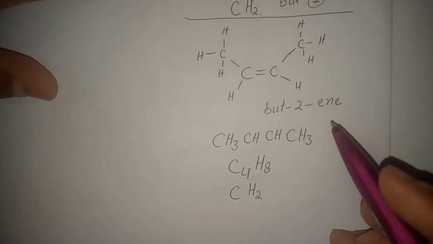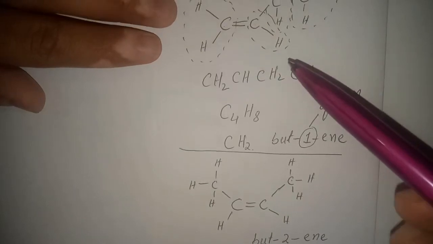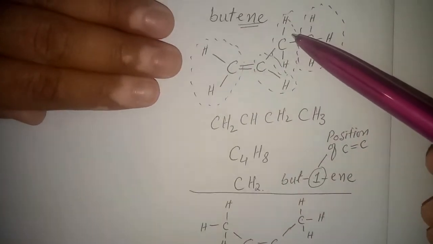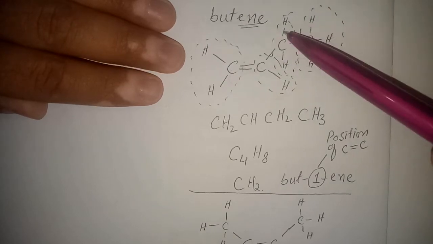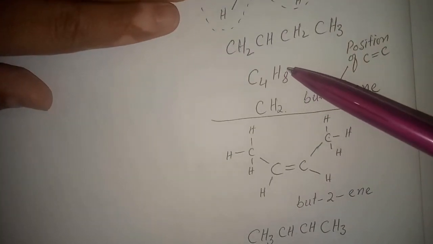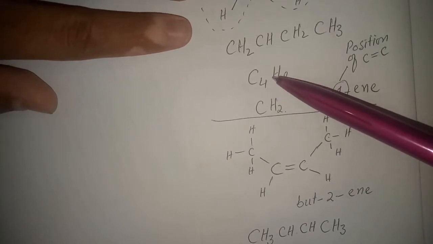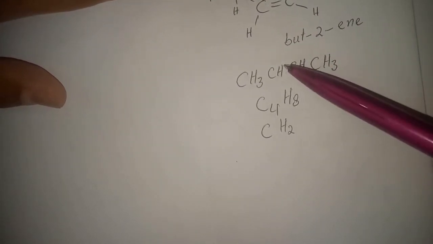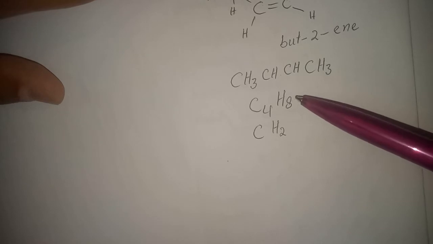Now remember and try to understand the phenomenon present between these two molecules. You can see clearly these two molecules have the same molecular formula, that is C4H8 here, and the butane also has the same molecular formula, C4H8. What does it mean?